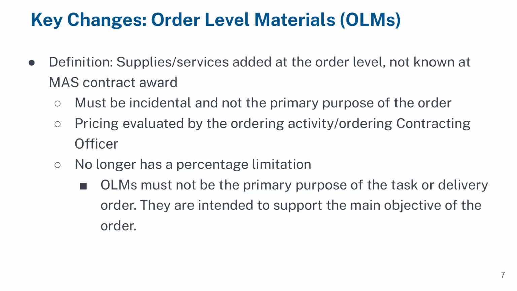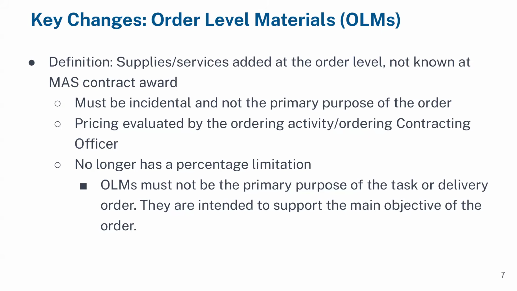The sub-bullet says they must be incidental and not the primary purpose of the order. That replaces the 33% limitation. Now it's simply that it's not the primary purpose of the order, essentially expanding the volume of OLM supplies and services that can be represented on a given order.